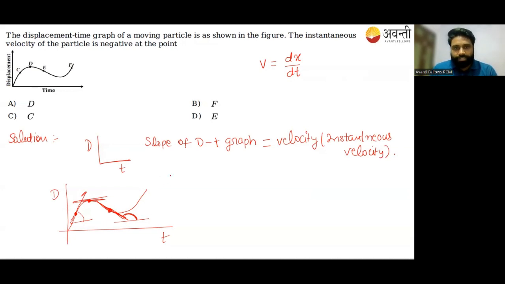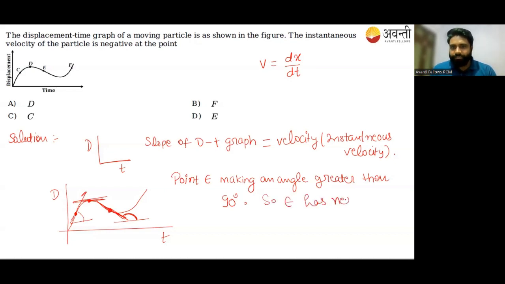So point E is making an angle greater than 90 degrees, so E has negative slope.